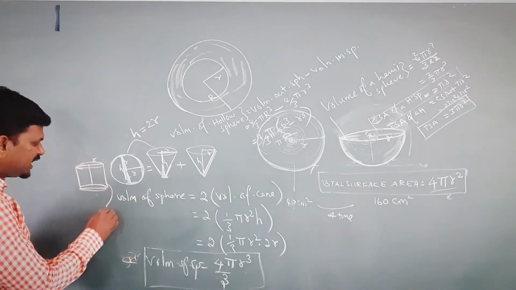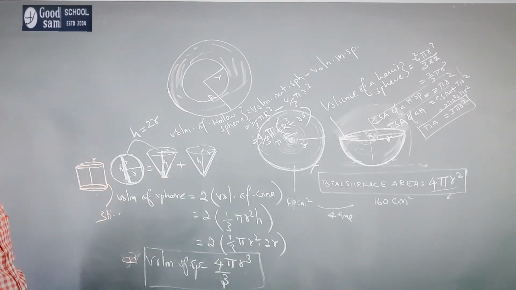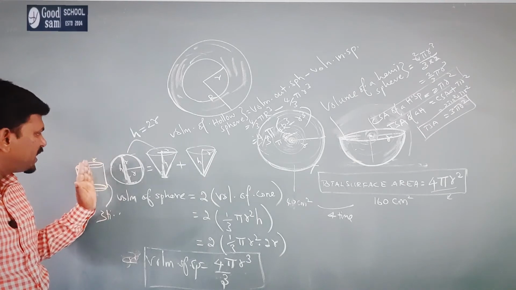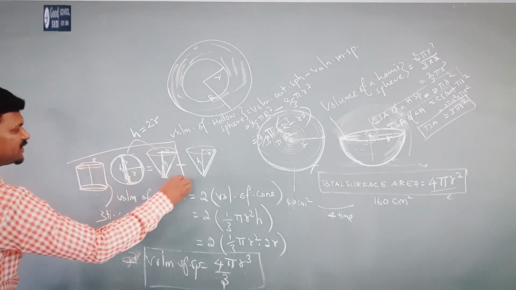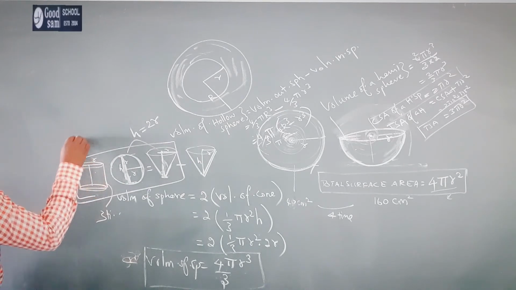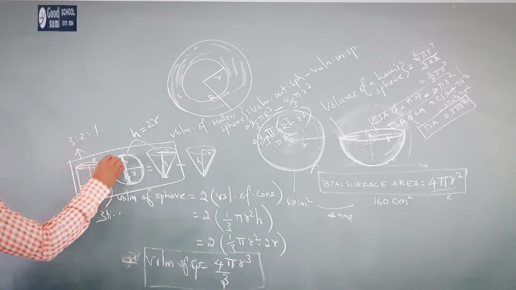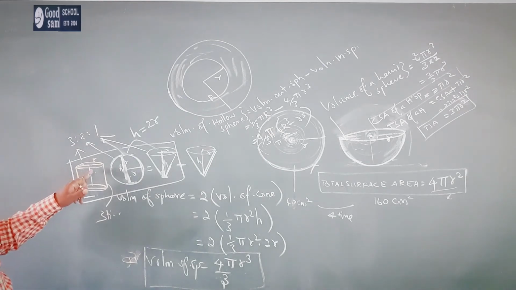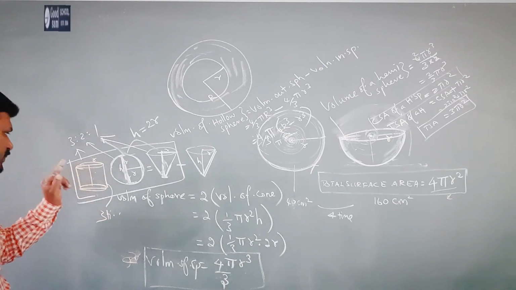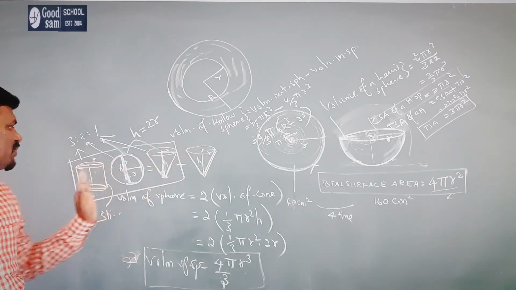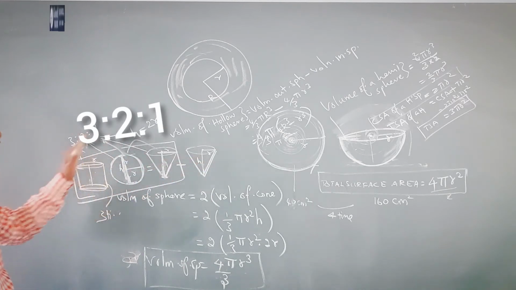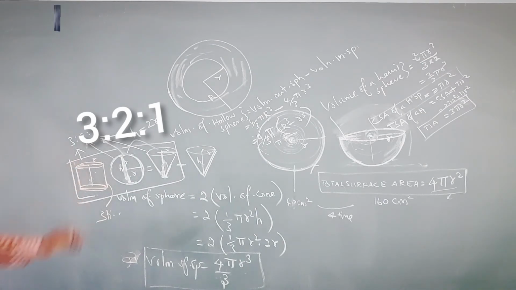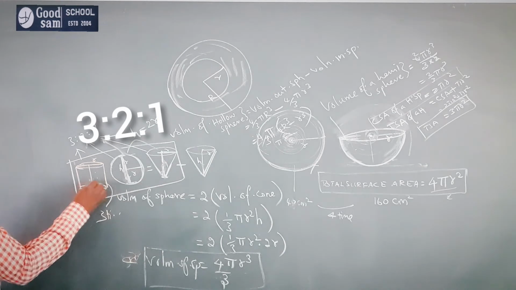So if we take these three, their ratio is 3:2:1. It may come in a 1 mark question, because the cylinder is 3 times the volume of the cone, the sphere is 2 times the volume of the cone, and the cone is 1 times its own volume.